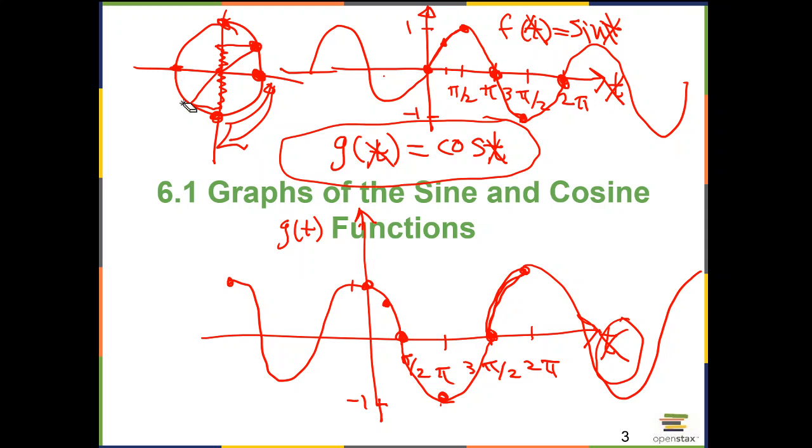And as we go around, we represent the angle or the real number by x. And the y coordinate here is actually the value of the sine at any given value of t or x, right? Same thing. Okay, so that's the main idea we're going to work with in this chapter, and we're going to apply this to all 6 trigonometric functions.